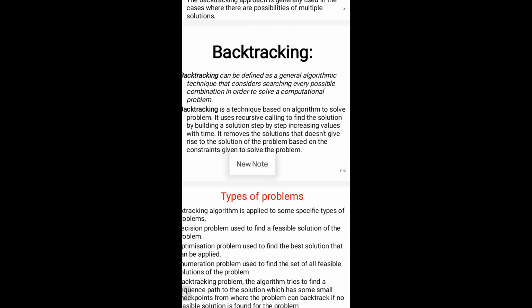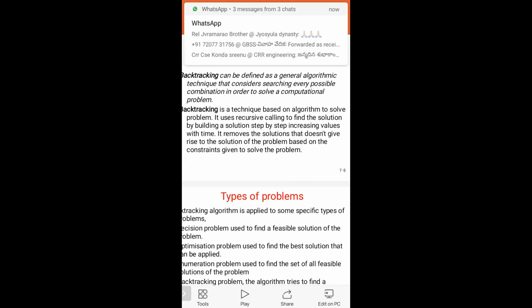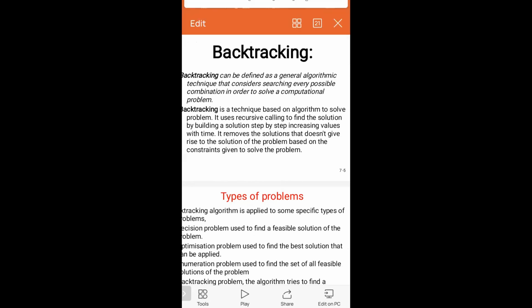By building a solution step by step, increasing values with time, it removes the solutions that do not give rise to the solution to the problem based on the constraints given. Suppose any path does not give the solution, then it will remove that particular path.